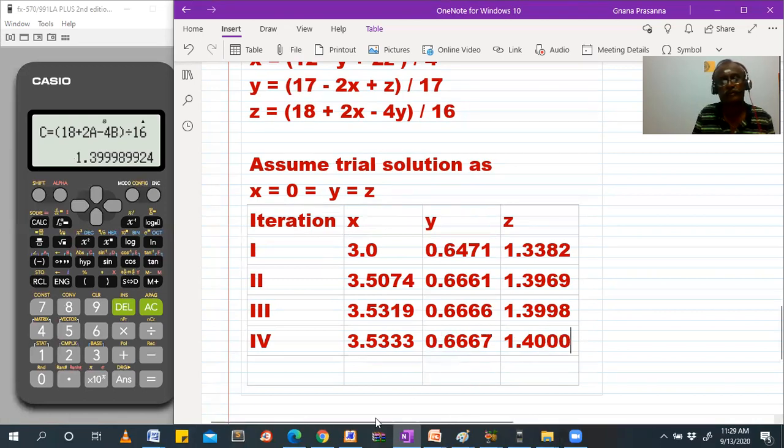Now the values are closer. In the next step, it may be convergent. These three values are closer, but not the same.